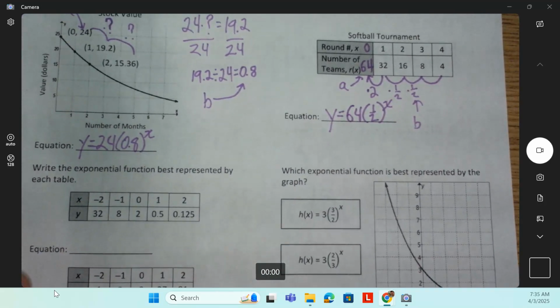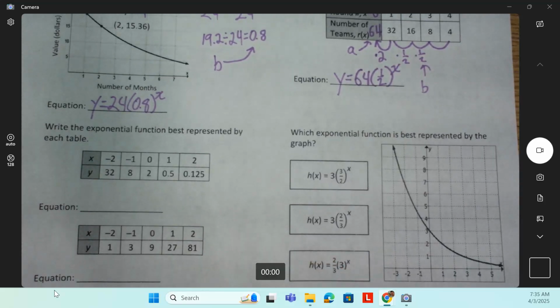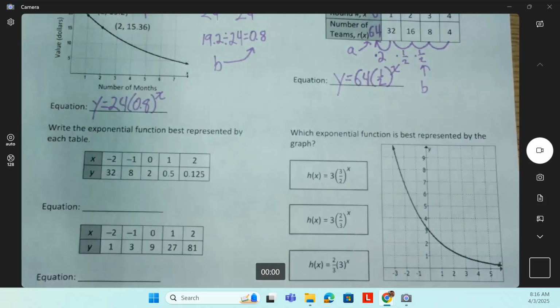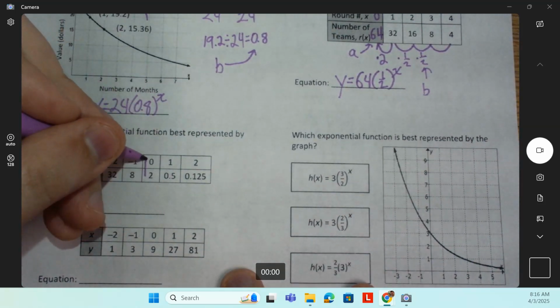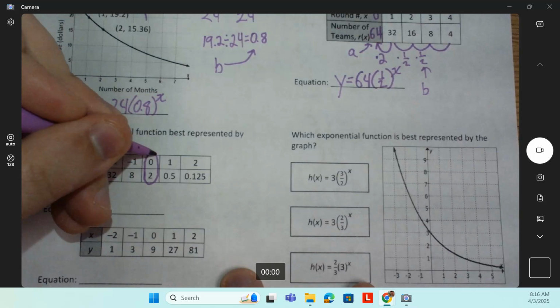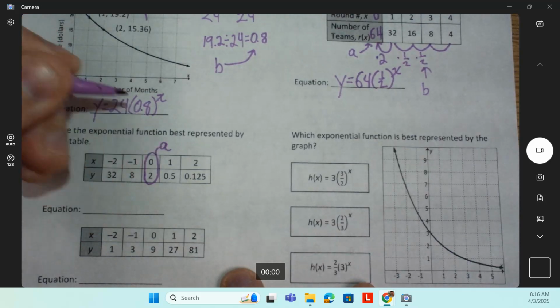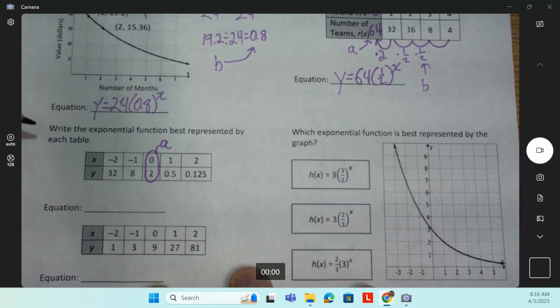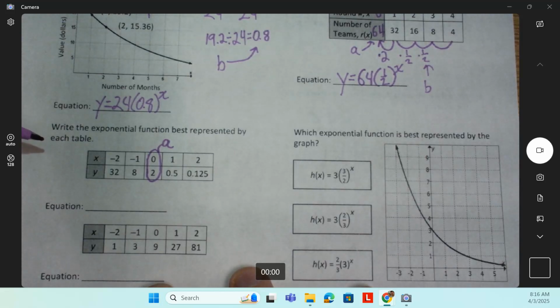Okay, and then we've got a couple more we'll look at here. So we'll use the information we have and try to do these last couple. So looks like on this one, I've already got my a value, which is 2. And it's great because I know I've only got two numbers that I've got to figure out here that are right next to each other.